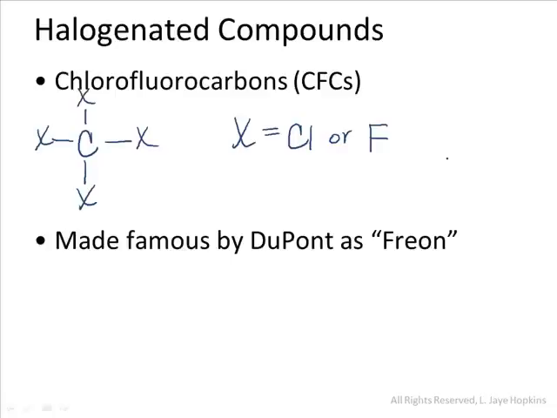So if you've ever heard the term Freon 11, Freon 12, or any other term that uses freon, you're actually referring to this relatively simple molecule. And it's a molecule that was made famous by the DuPont company. Now, what CFCs are probably most famous for today is their role in a process called ozone depletion. CFCs are gases, so when they're released either on purpose or by accident, they tend to rise up in our atmosphere.